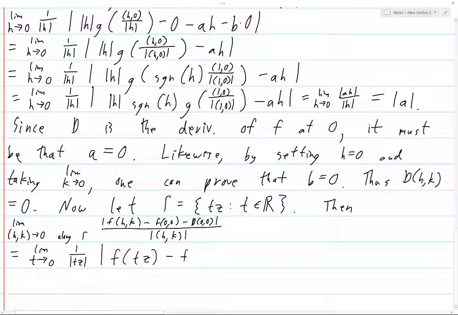We know that f of (0, 0) is just 0, and we know that D of (0, 0) is 0, so we can just leave it at this.